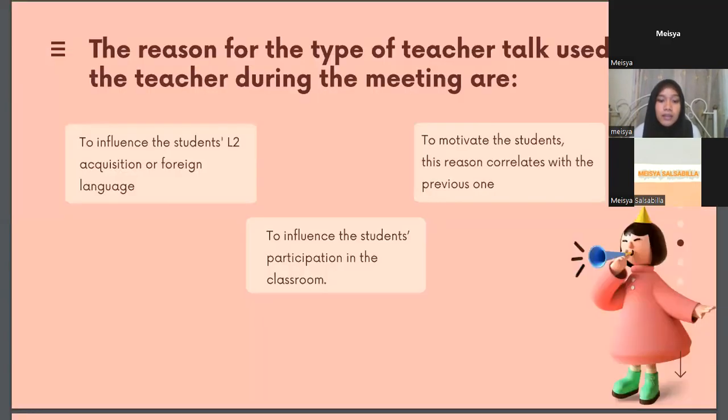And the last is the reason for the type of teacher talk used by the teacher during the meetings. There are three reasons. The first reason is to influence the students' L2 acquisition, or foreign language. It means that the teacher tends to ask questions or direct them to interact more in the class to promote the target language.